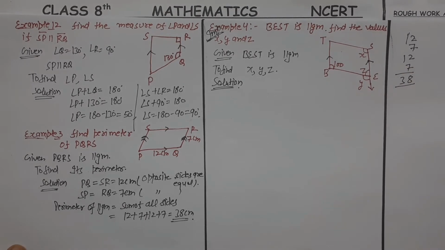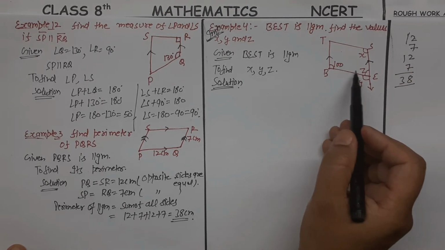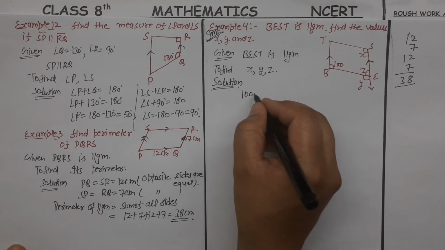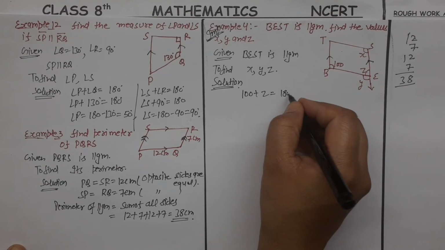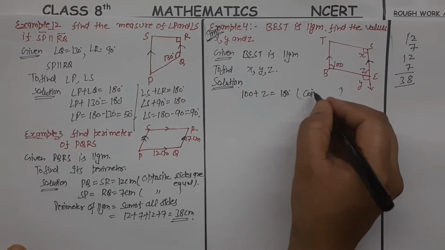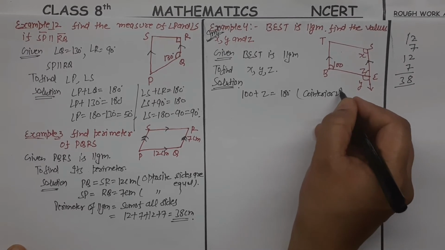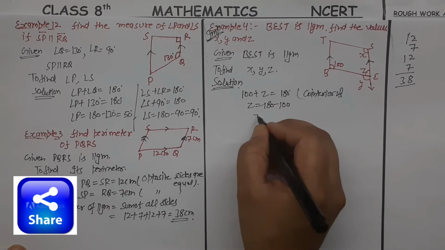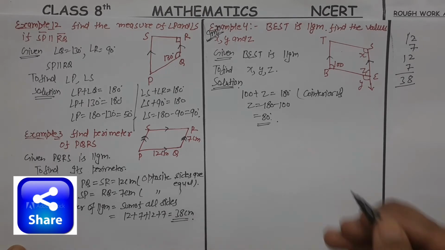BT is parallel to ES, that's why the sum of these two angles is 180 degrees. 100 plus Z is equal to 180. Give reason: co-interior angles. Then angle Z equals 80 degrees.